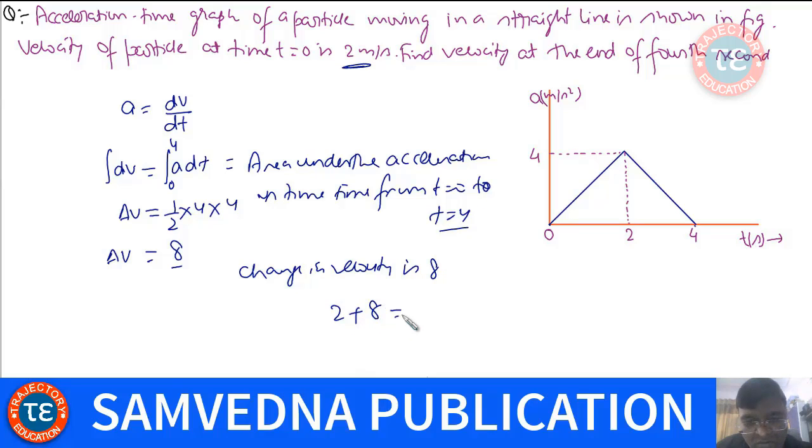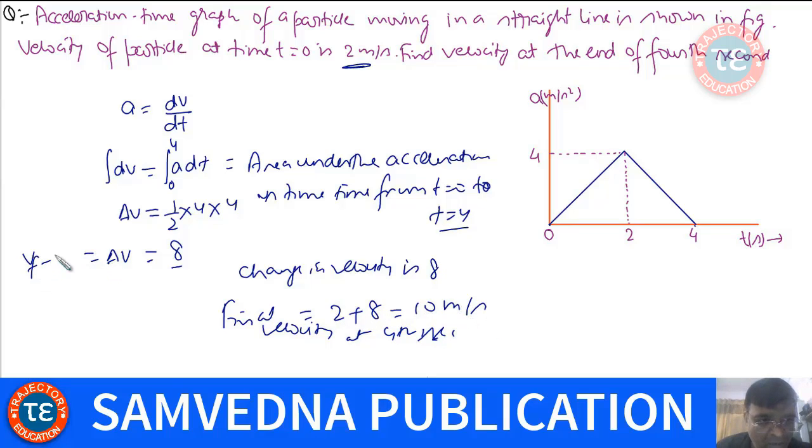Initial velocity was 2, so 2 plus the change 8 would be 10 meter per second. That's the final velocity at the end of the 4th second. Get your point? This delta v is v final minus v initial, and v final is 8 plus v initial. So 8 plus this 2 is 10 meter per second. Okay, so this is how we can do these questions. All right.